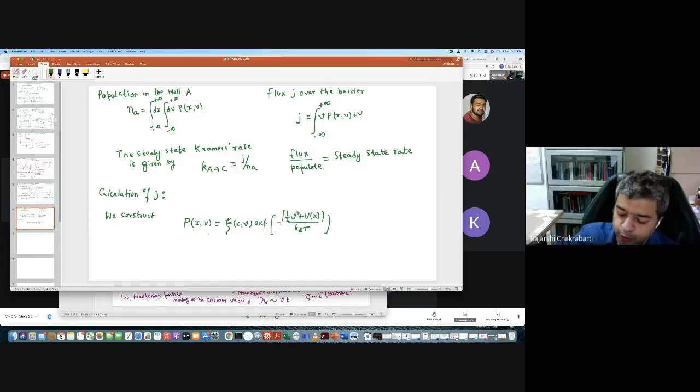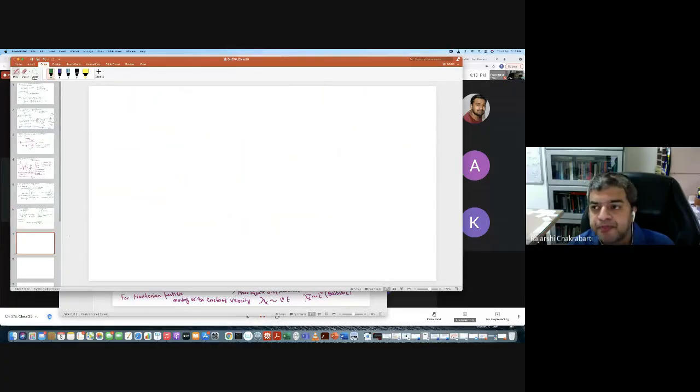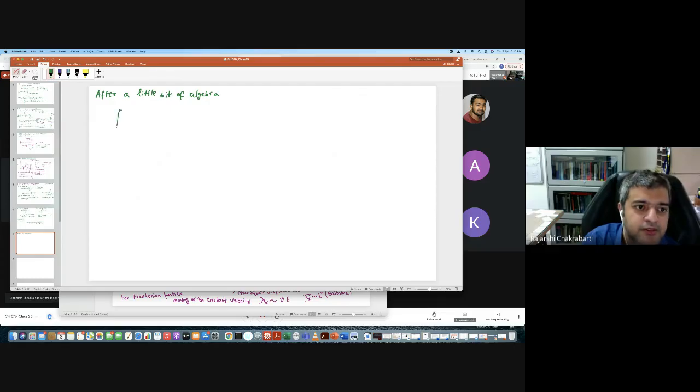So what I need to do now is take this and put it in my Kramers equation. I have del P del T equals to 0. So I have the right hand side of the equation. And actually, after a little bit of algebra, one can show which I'm going to write down, that because I'm at the barrier top.